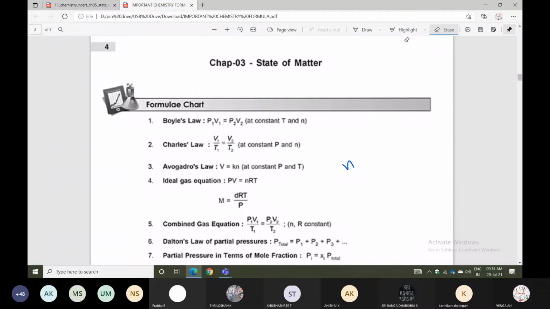Listen here. N equal to W by M, you are writing.